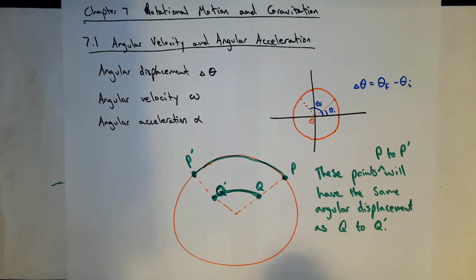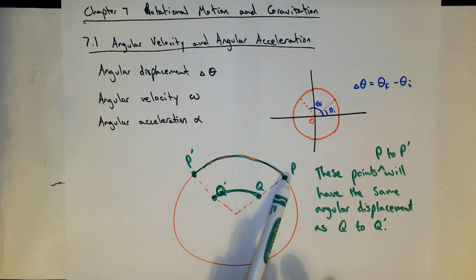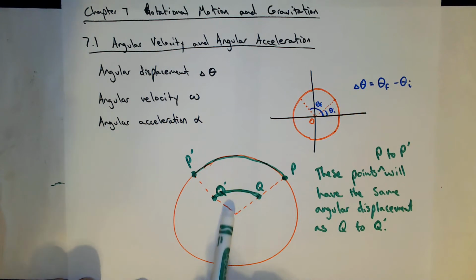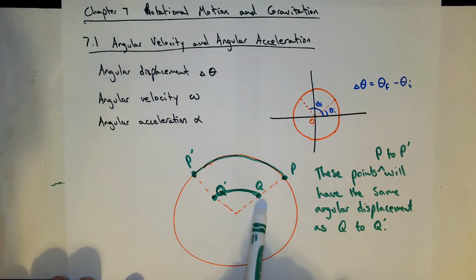If you were to lay these out, it would be a farther linear distance, right? Because the point P is further from the center. And maybe you have some intuition about spinning things and know that things are a little bit different for the point P than they are for the point Q. The closer you are to the center of the thing that's spinning, things act a little bit differently, right?